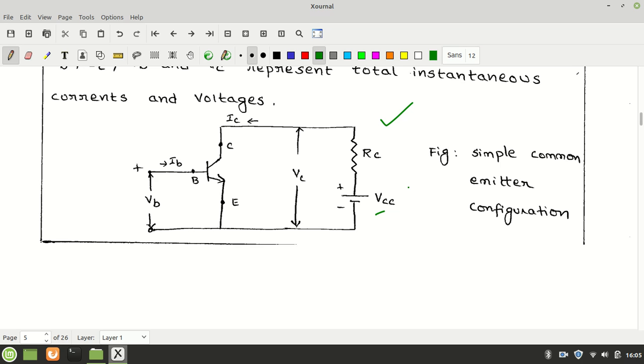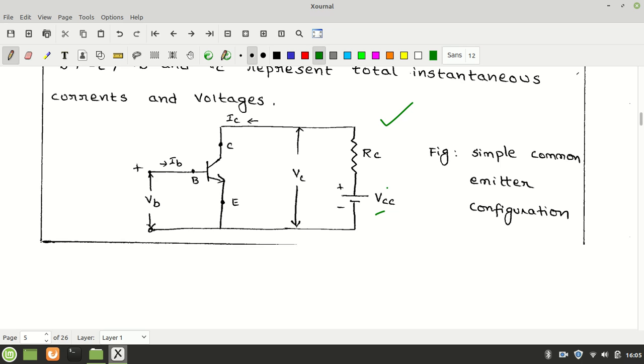When the AC signal is connected, the hybrid model comes into play. So with respect to AC, all DC batteries should be short circuited, that is, no DC batteries are there. It should be kept in your mind.